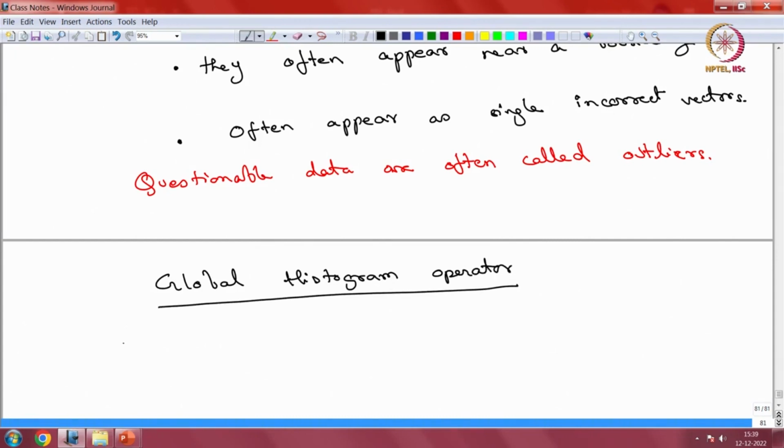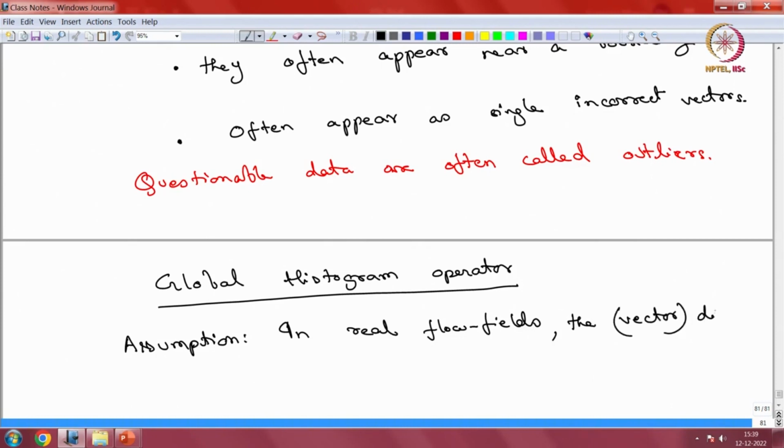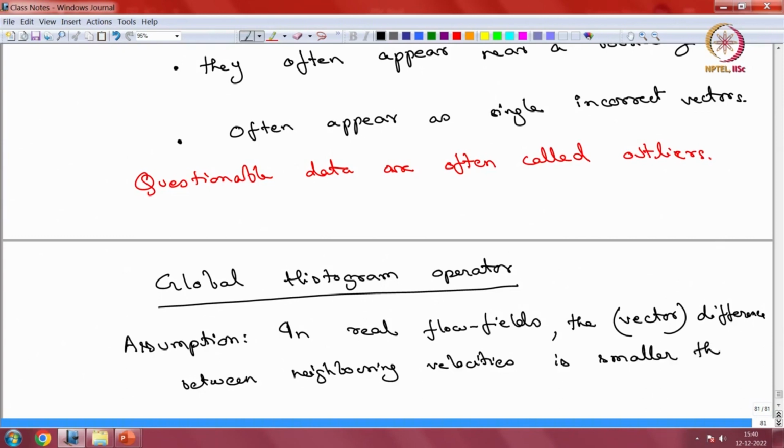Here the built-in assumption is that in real flow fields, the vector difference between neighboring velocities is smaller than a certain threshold. This threshold can be user-defined.